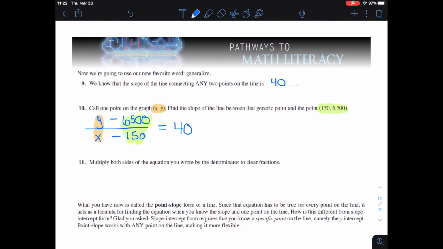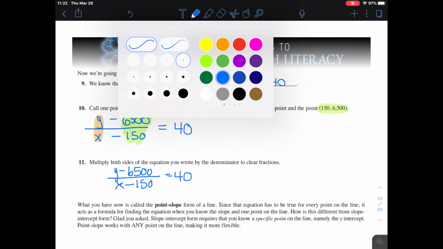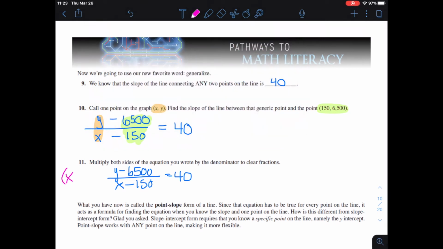So this is going to be another form we're going to lead to if we multiply both sides of this equation by the denominator. So we have y minus 6,500 over x minus 150 equals 40. If we go ahead and multiply the left side by the denominator, those would cancel, which means we have to do exactly the same thing on the right-hand side.